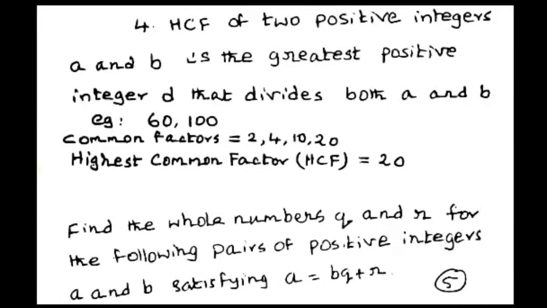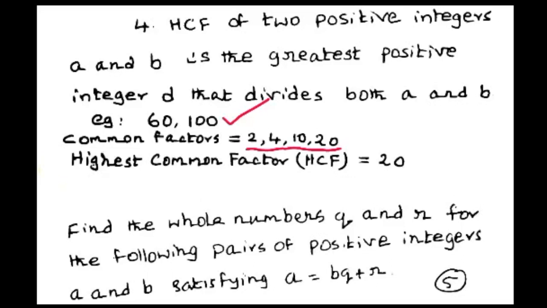Consider two numbers 60 and 100. Now we note down the common factors for 60 and 100: 2, 4, 10 and 20. 2 divides both 60 and 100. 4 divides both 60 and 100. 10 divides both 60 and 100. 20 divides both 60 and 100.